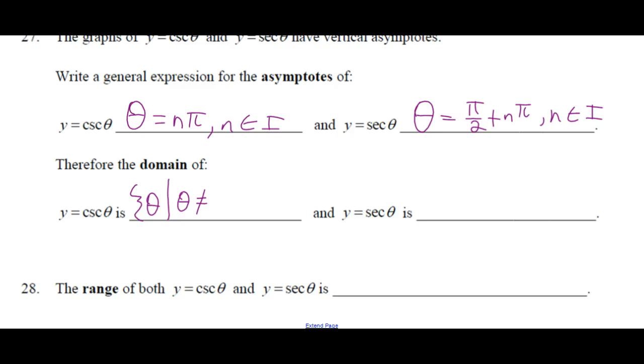The domain is not at n pi, right? The asymptote is n pi. The domain is not n pi. The domain here is theta is not equal to pi over 2 plus n pi.